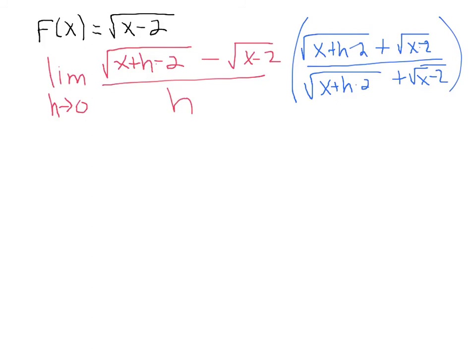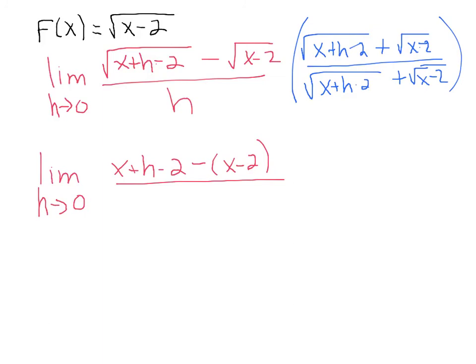So what do we end up with? We have the limit as h approaches 0. Our numerator, remember this is the a plus b, a minus b pattern. So I end up with a squared, which is just going to be the x plus h minus 2, minus b squared, which is going to be the x minus 2, divided by h times, I'm going to leave those radicals just the way they are, and I'm going to leave this as a product.